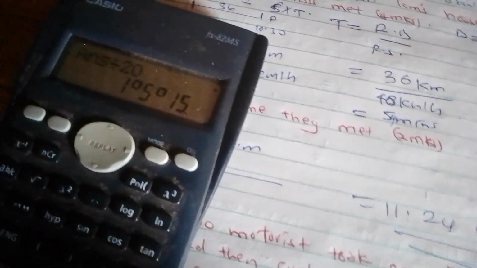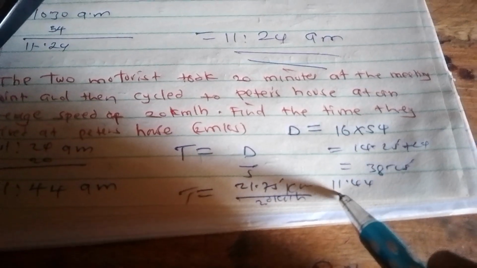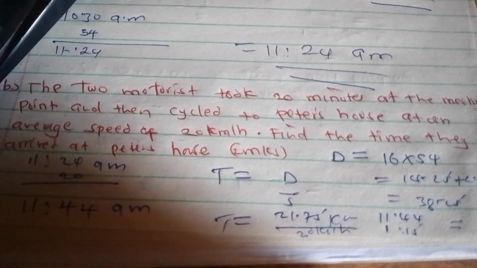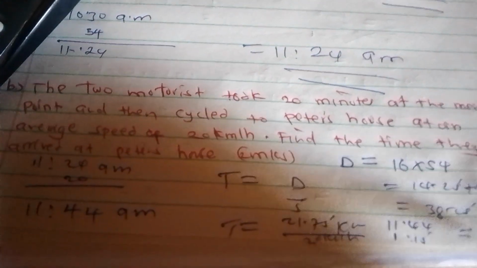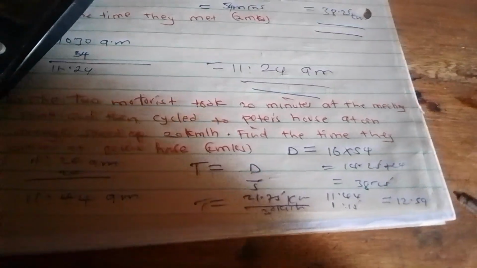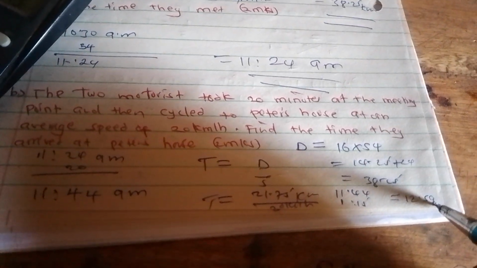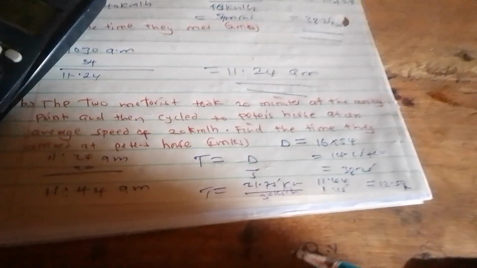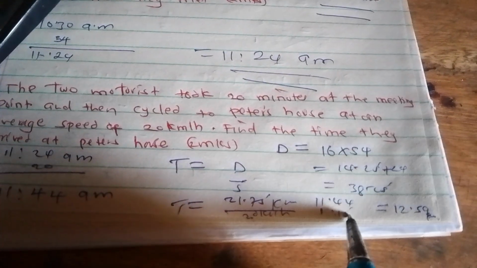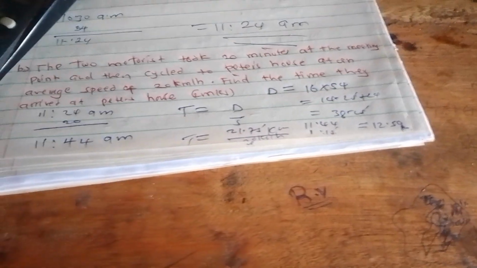So that is the time that they took. So you add to 11:44, 1 hour, 15 minutes. That is 12:59, almost 1, PM. Unless I've done it wrong. Yeah, correct. So thank you for watching that video.